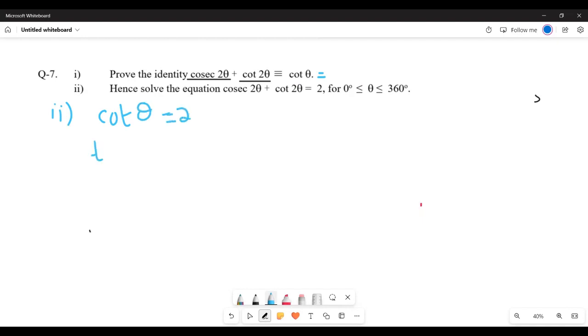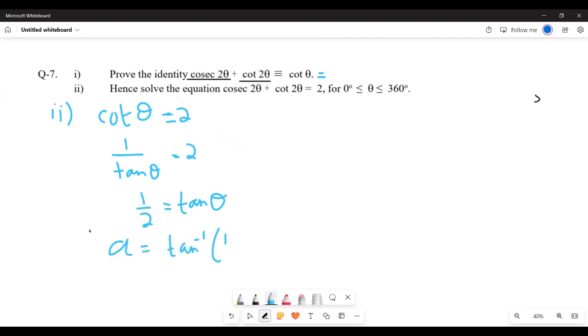That means 1 by tan theta equals to 2, which means tan theta equals half. Alpha would be tan inverse half, which would be 26.5650.